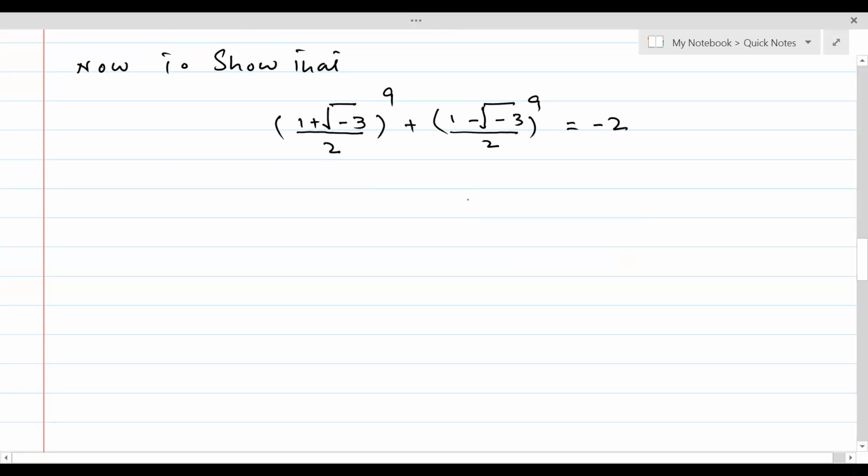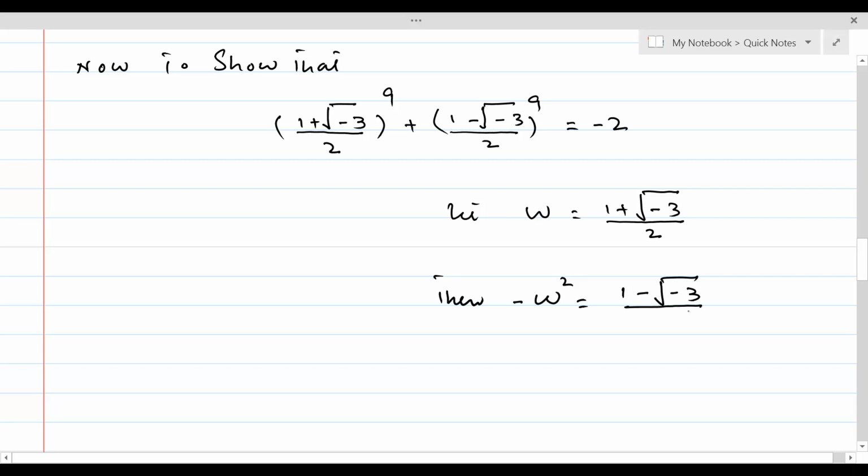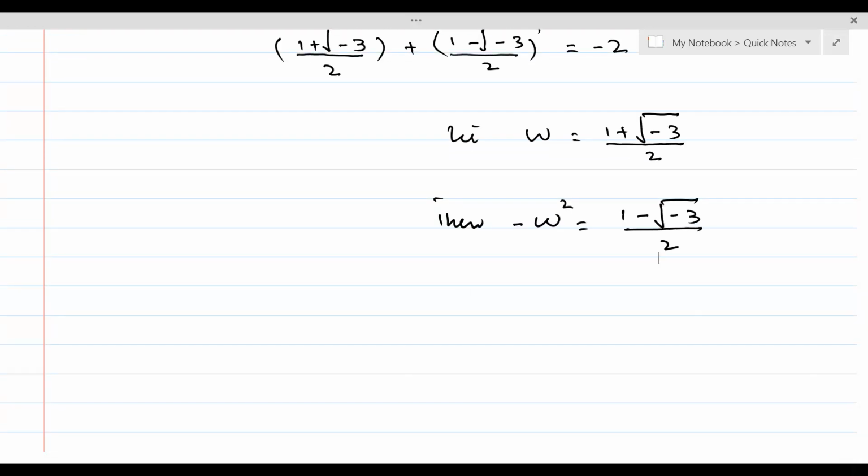Let omega denote (1 + √-3)/2. Just like we proved in the properties of cube roots of unity, minus omega square is equal to (1 − √-3)/2, and omega cube is equal to minus 1.